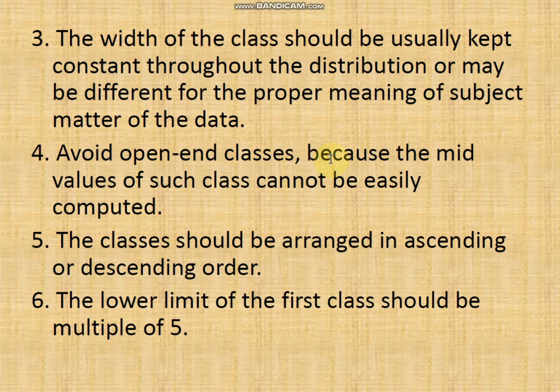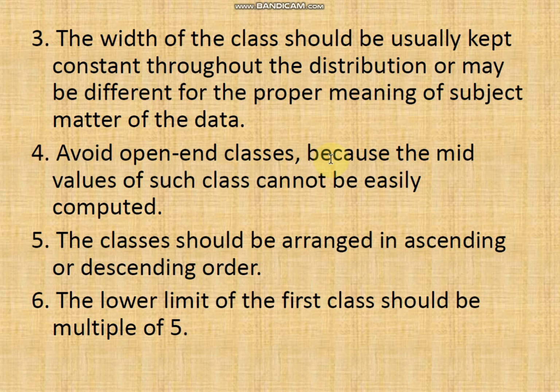Usually a width of 5 or 10 is considered better, because as human beings there is a common psychology that we remember things in the form of a set. We easily remember the table of tens or 5 because there is an exact calculation, half and full. 5 we consider as half and 10 we consider as full.